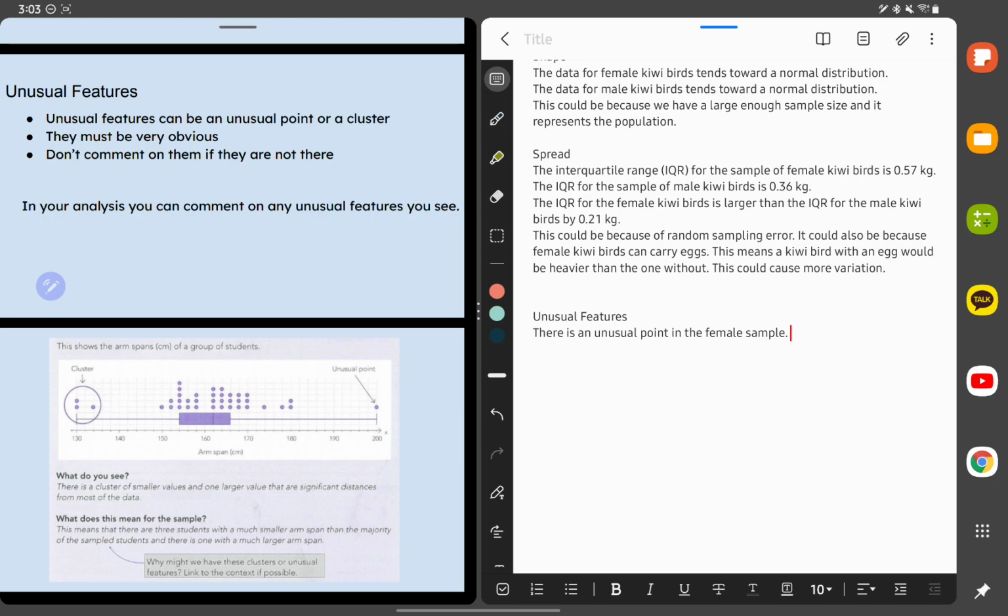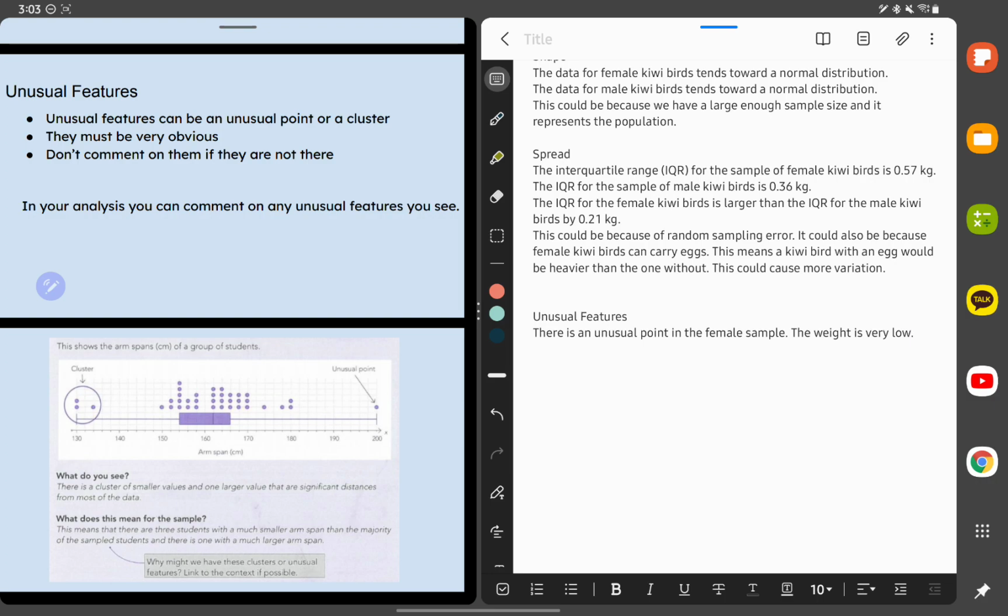So I would write it like this: there's an unusual point in the female sample. The weight is very low. You can say the weight is very low for the majority of the group, right? It's unusually low. And then we talk about why it might be the case.